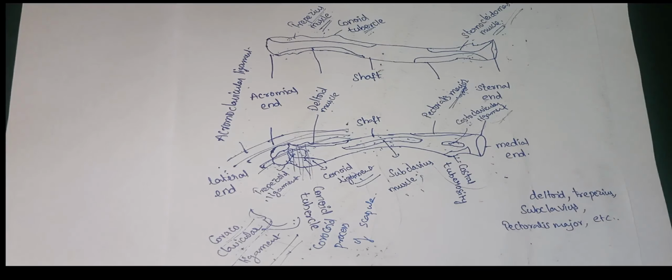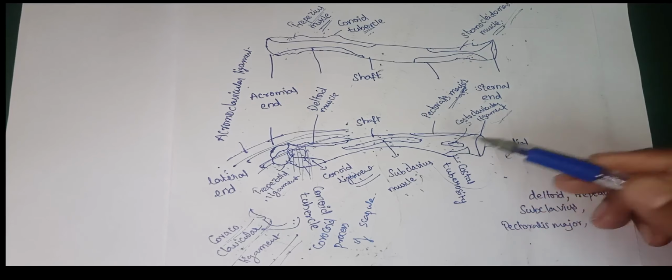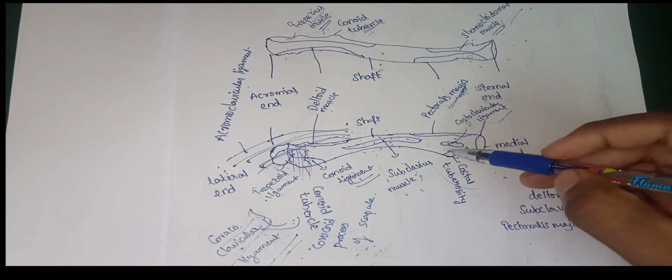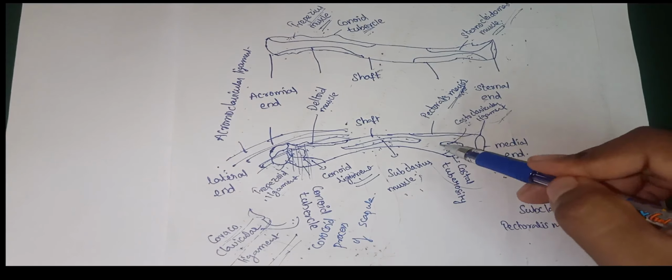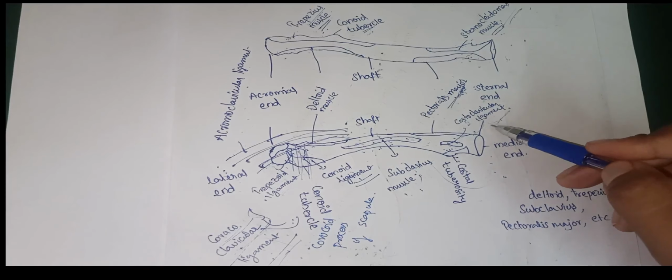Next, here is a small tuberosity, which we call the costal tuberosity. Here also one ligament is present, which we call the costoclavicular ligament.